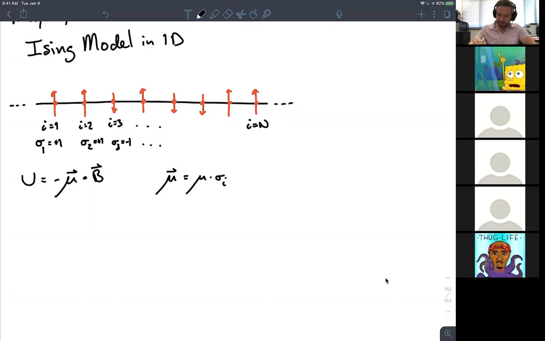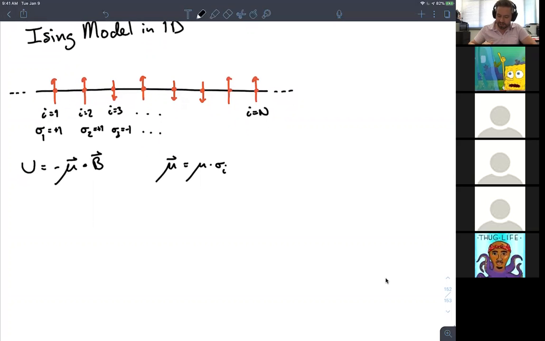Okay, so now what we were trying to do when we left off last time was to write down the Hamiltonian of this system. In particular, the Hamiltonian when we take this array and we put it into an external magnetic field. So we're also applying an external magnetic field that we call B. Okay, and so again, we write down the Hamiltonian for this, and as we came up with last time, the Hamiltonian is this.